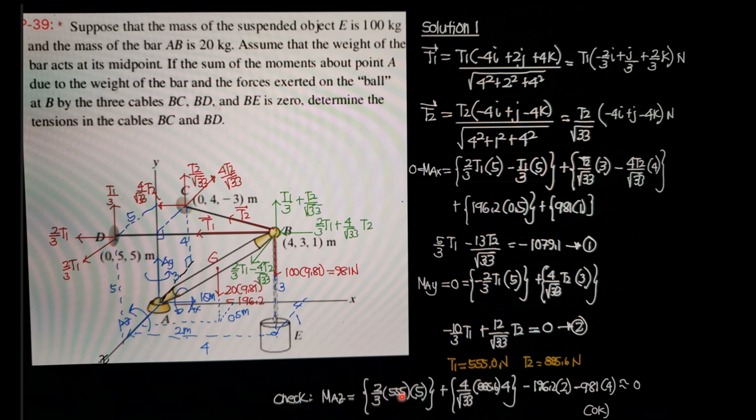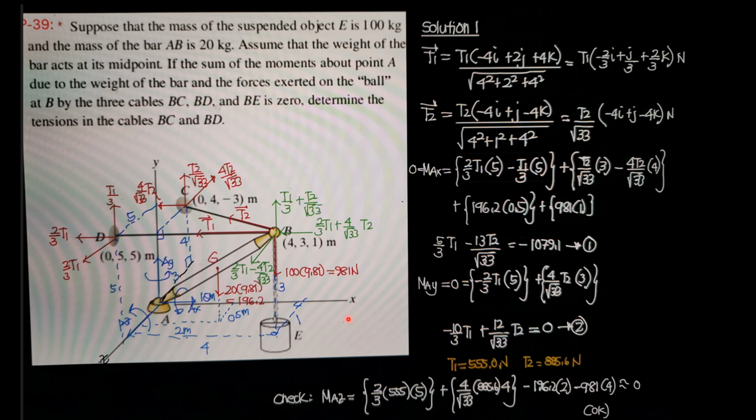So 2/3 T1, moment arm 5. For these components here, T2 over square root of 33 passes through the Z-axis, so 0. Parallel, so only this component has moment about Z axis, and the sense is also positive. So plus 4 over square root of 33 T2, and the moment arm is this distance here, which is 4 meters.